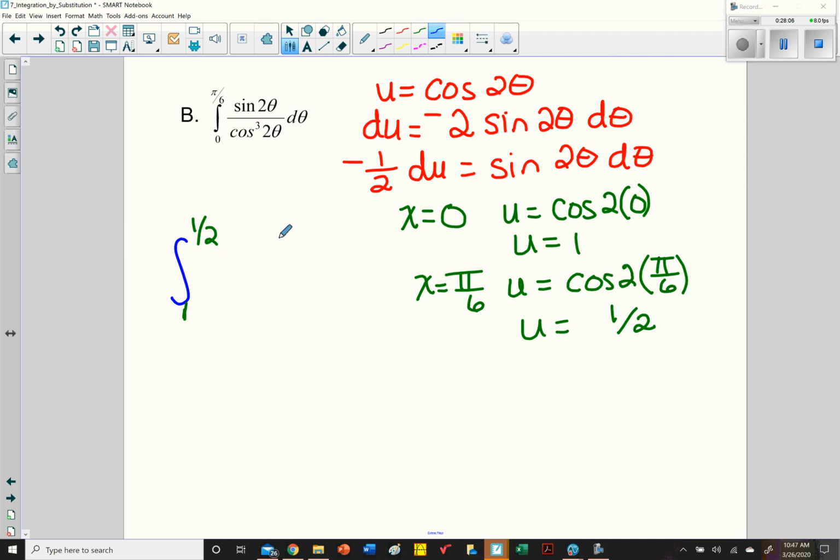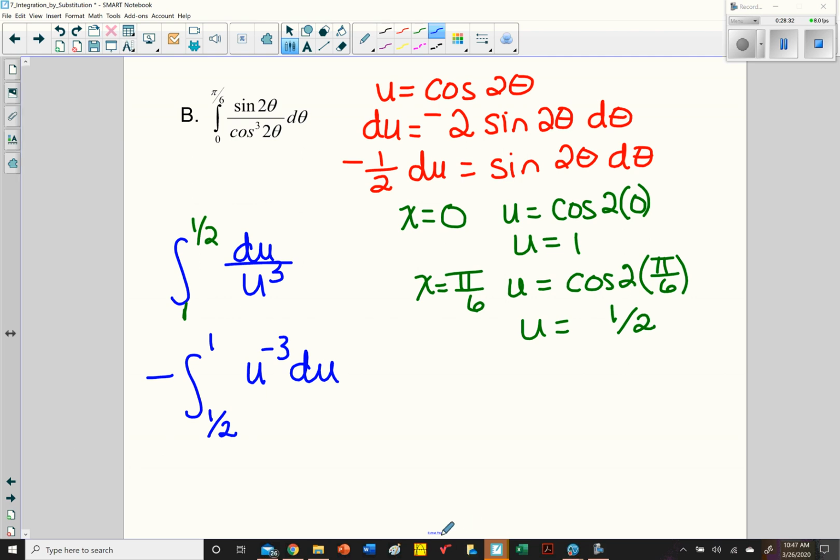Sine of 2 theta is du. And on the bottom, we had cosine cubed. On the bottom, we got cosine cubed, right? But our limits are wrong, so we have to switch them around and make this negative go from 1/2 to 1 this way, and we have u to the -3 du.